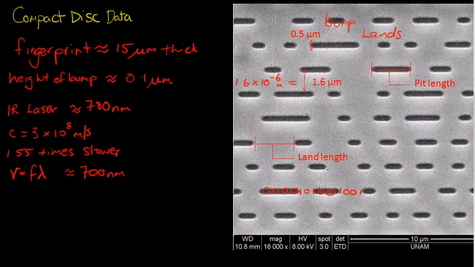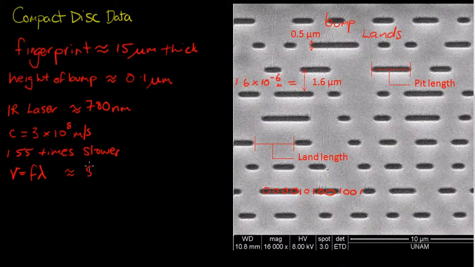Oh, sorry, beg your pardon, I've made a mistake. That's the range of our vision. We can see 700 nanometers as a red colour. We lose quite a bit of speed, 1.55 times, so much less than that.